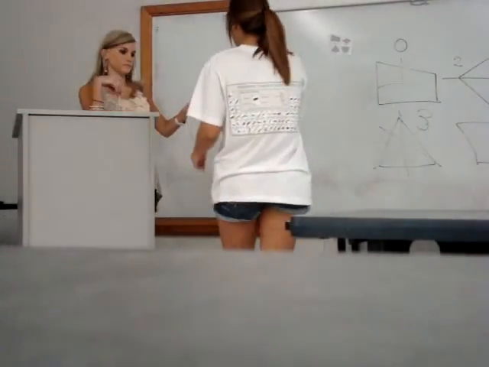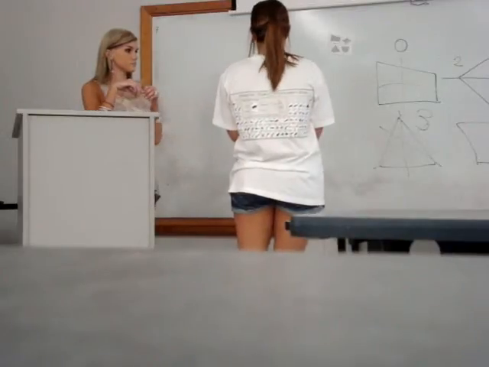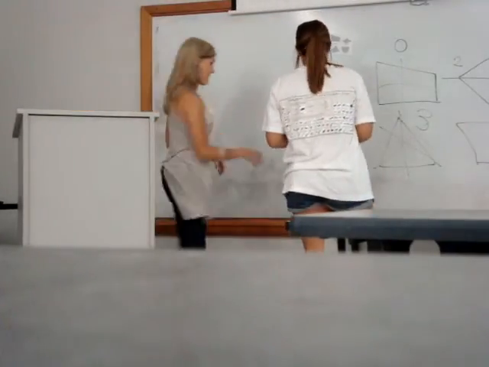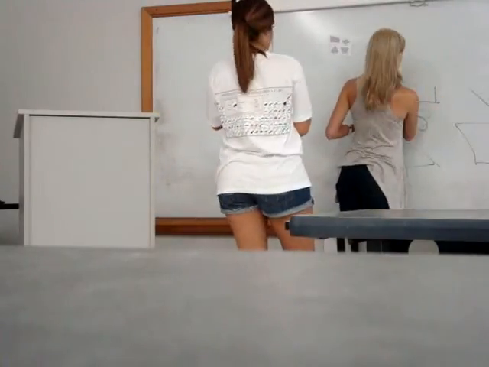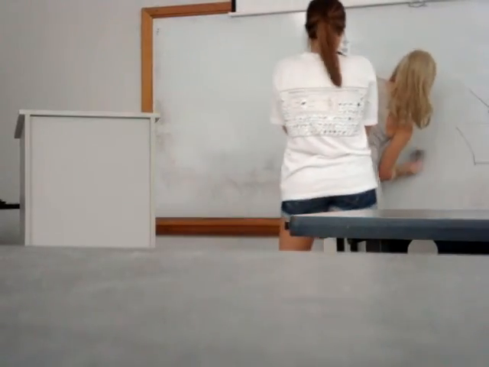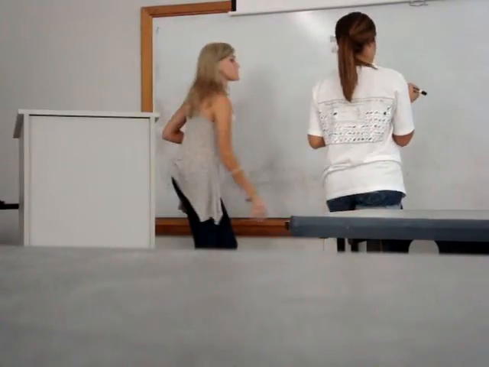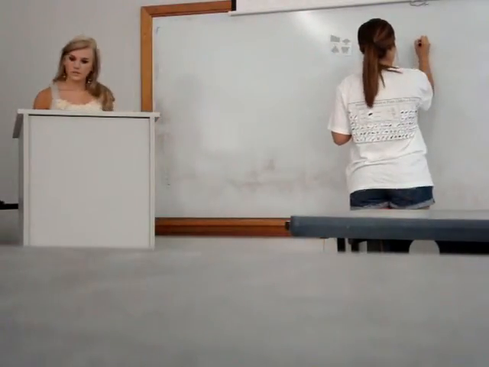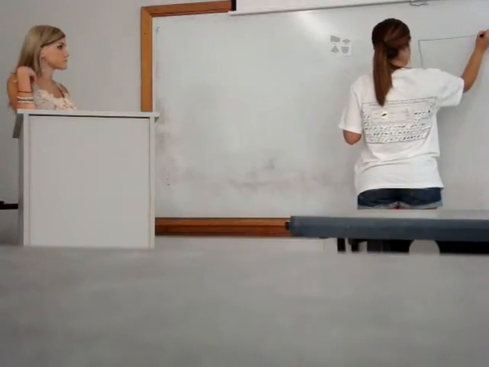Okay. Square. Good. Okay. So she picked a square out of the bag, and she's going to show us how many lines of symmetry the square has.